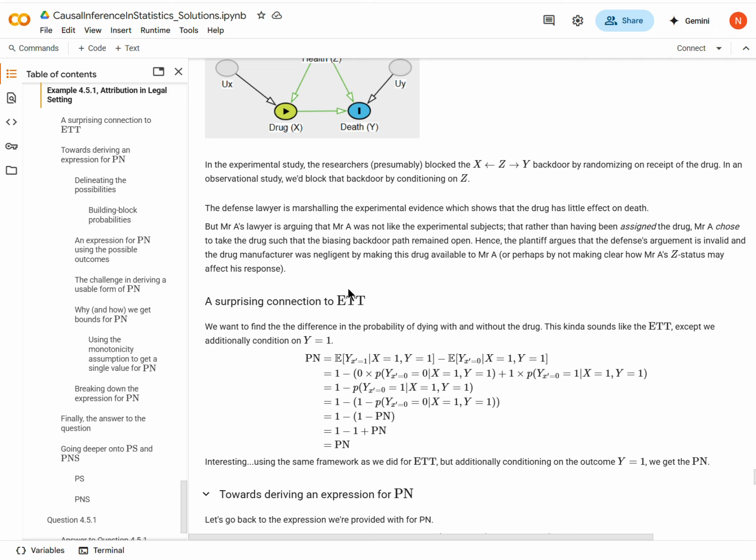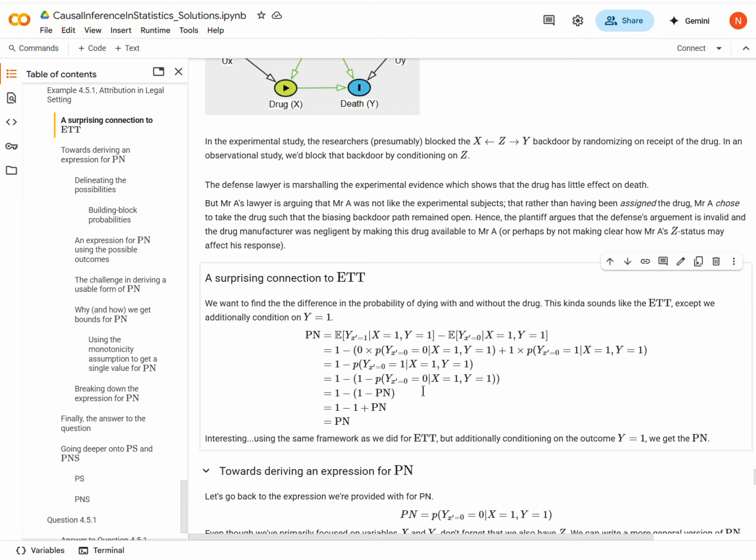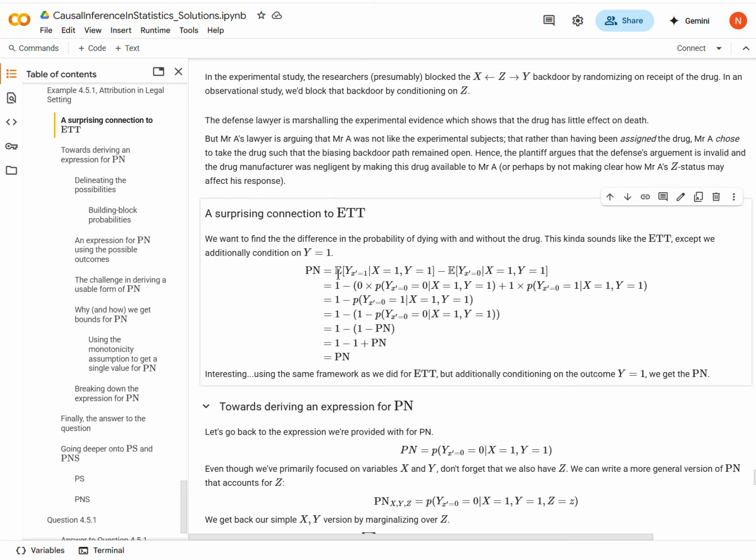But whereas the effect of treatment on the treated would have us condition just on X, we are now additionally conditioning on Y. We're conditioning on the outcome as well. So I'm just going to push forward and see what happens when I do exactly this. Just use the same procedure that we used with ETT.